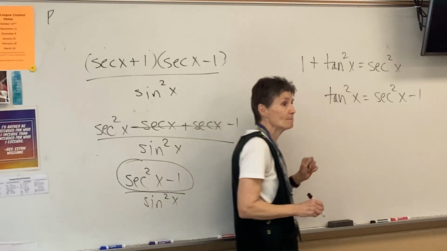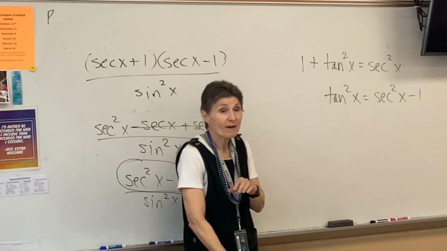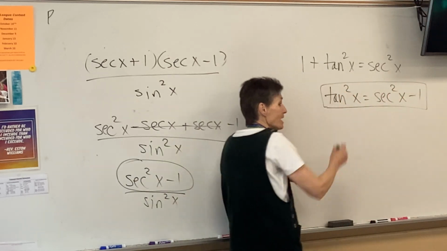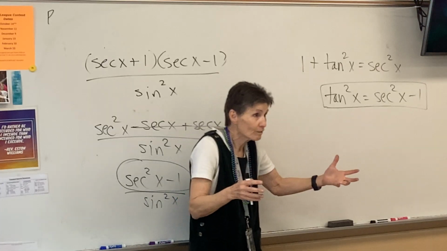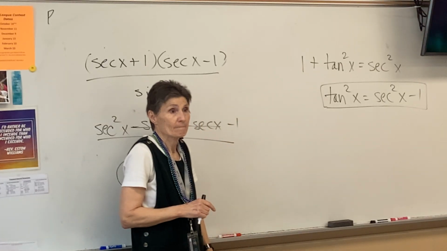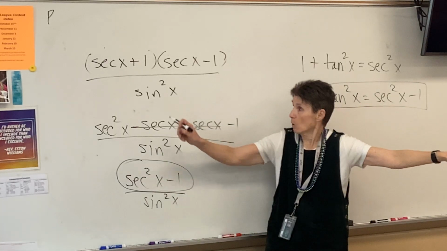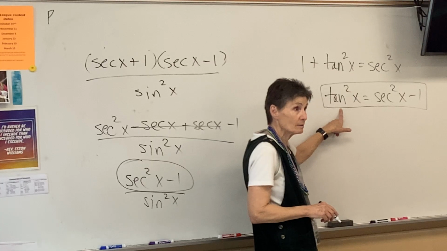You are allowed to do that, and if you want to add this to your sheet, you may. It's the same thing, just in a different order. So secant squared minus 1 is the same as tangent squared.